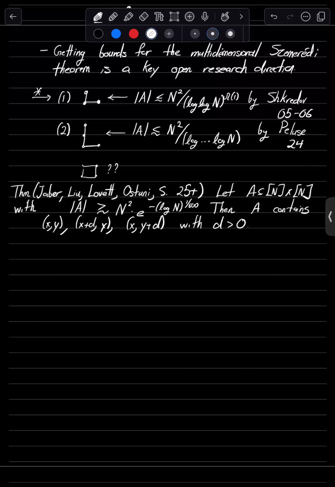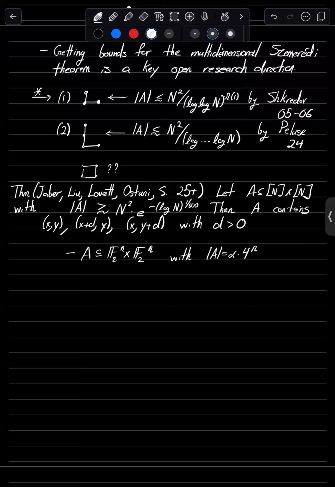As with many of these problems, I phrased everything in terms of the interval 1 through n. It's often much simpler to instead look at what's called the finite field model case, and for much of our work it's very convenient to do this. So I have A, a subset of F_2^n cross F_2^n, with the size of A being alpha times 4 to the n.